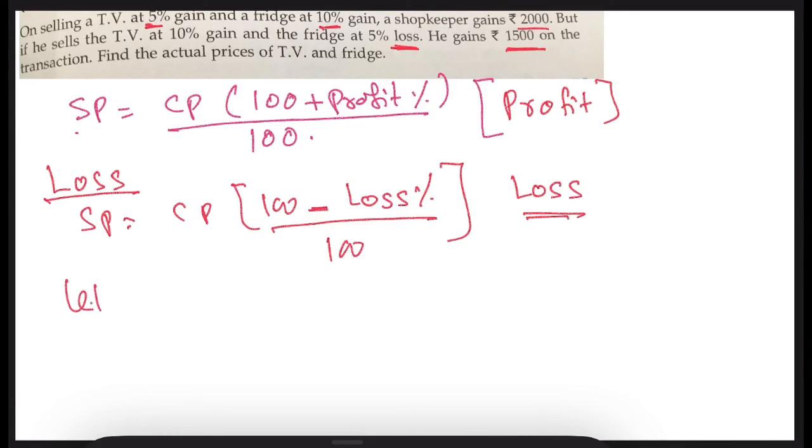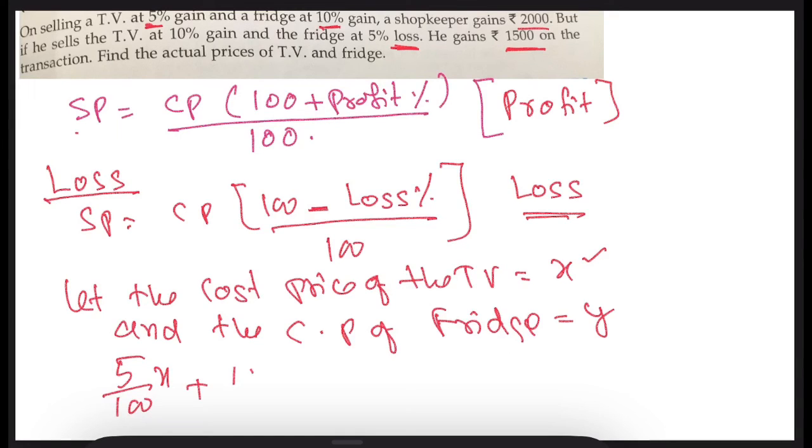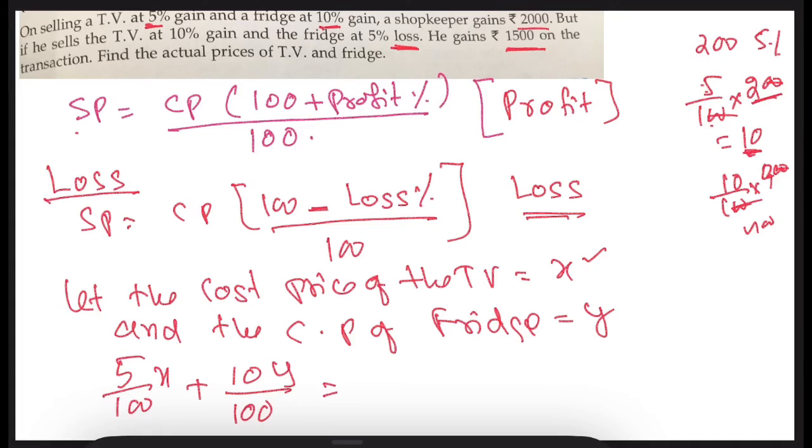Now what shall we do? Let the cost price of the TV equal X, and the cost price CP of fridge equal Y. ठीक है। तो 5% of x plus 10% of y, that equals to 2000.